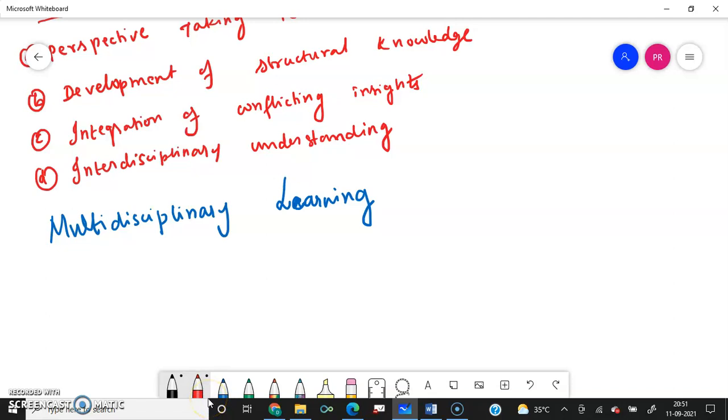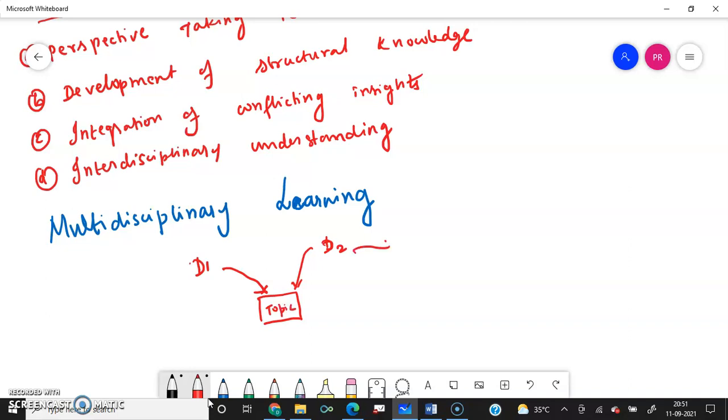So you are having a topic. Okay, this topic we are discussing, and here different disciplines help to develop a detailed understanding. Discipline 1, discipline 2, etc. Topic we are studying.